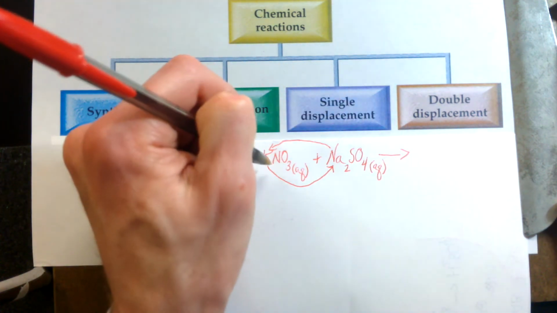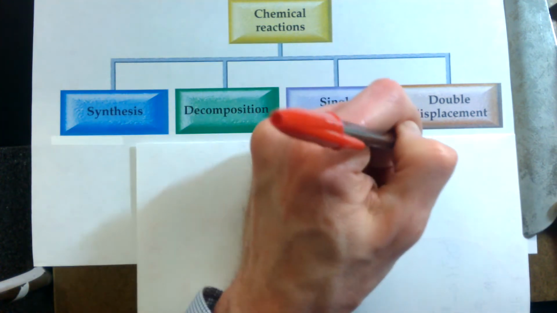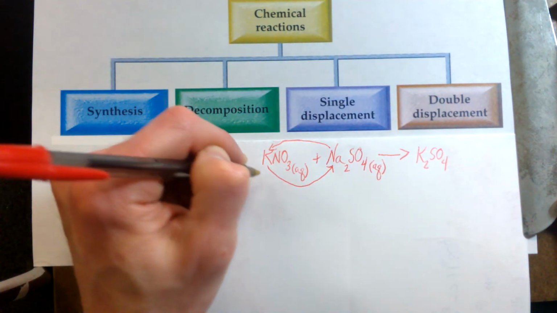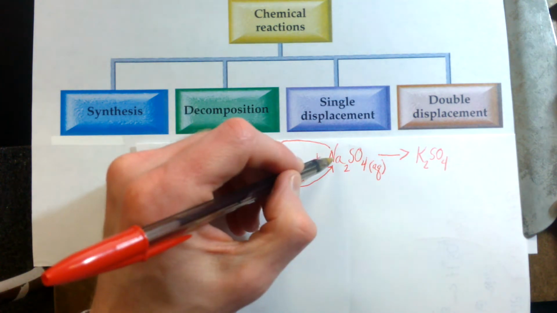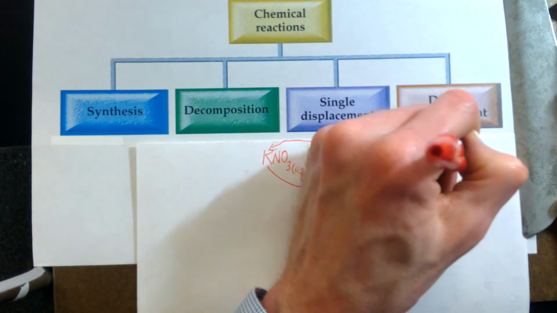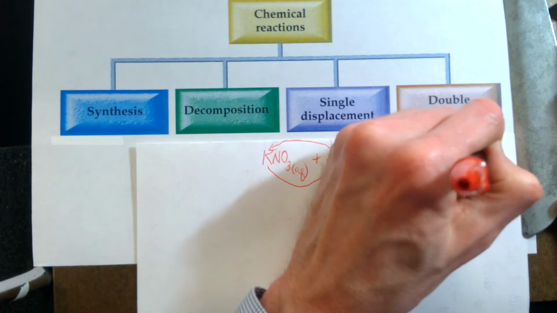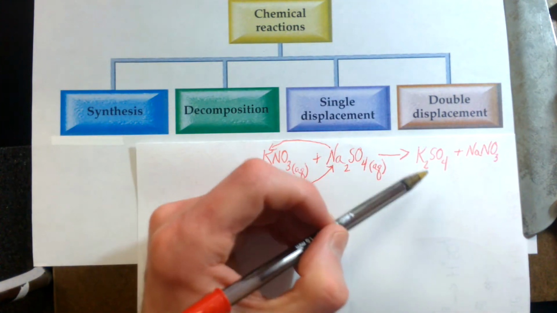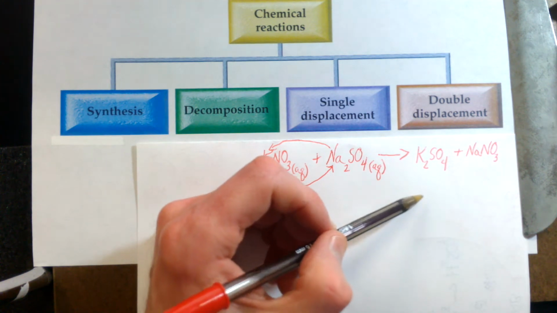Our potential products could be the potassium with the sulfate, so K2SO4, and the sodium would go over with the nitrate potentially to form sodium nitrate. Now these are our potential products.